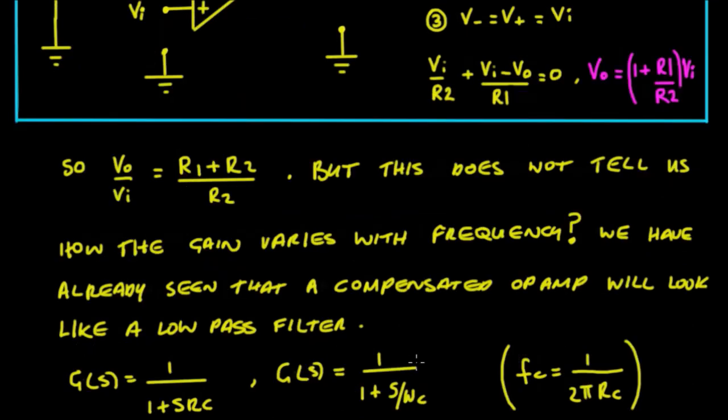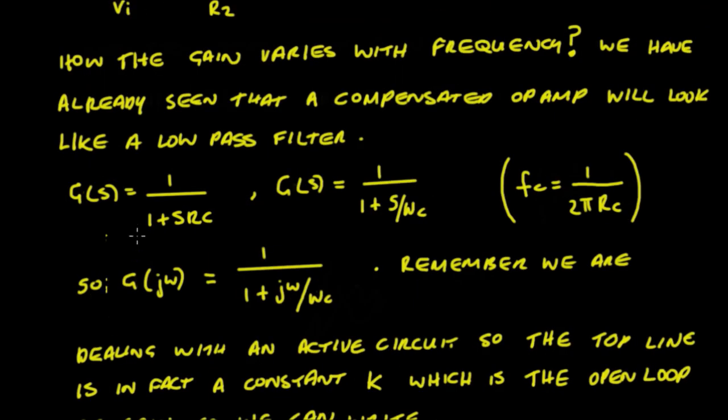We have already seen, of course, that a compensated op-amp is going to look like a low pass filter. So we know an actual op-amp with an open loop is just going to look like a low pass filter. The transfer function is going to be G(s) = 1 upon 1 plus sRC.